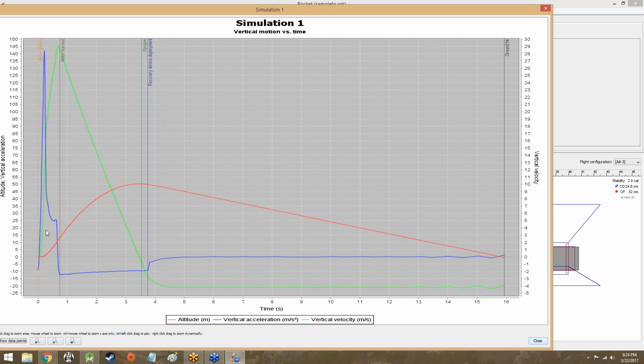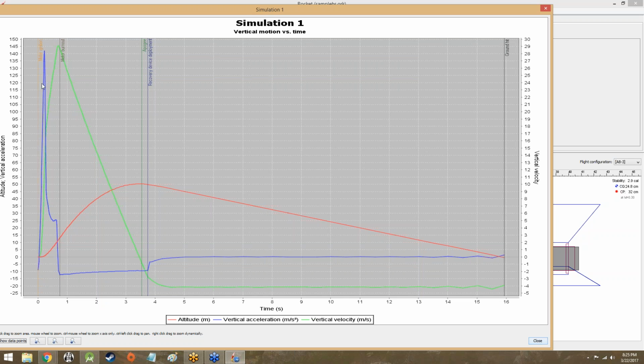And velocity climbs pretty precipitously as well. So as you can see, this acceleration gets very dramatic for a moment, and then it levels out to about 25 meters per second squared. And that's just because that's more the average thrust of the rocket.